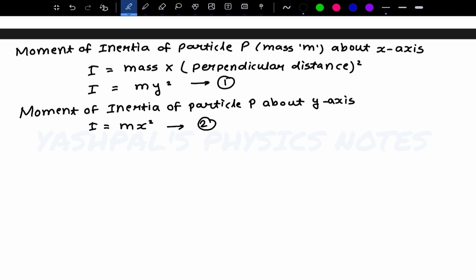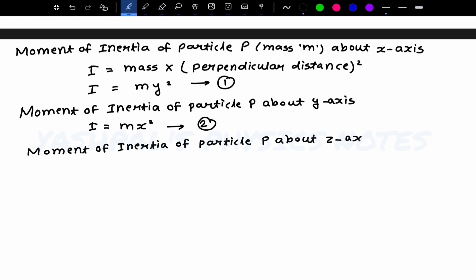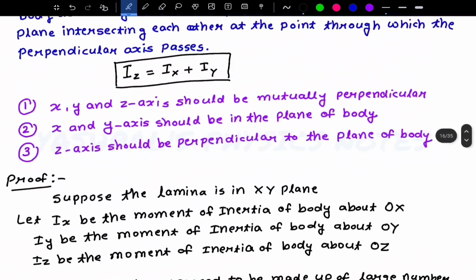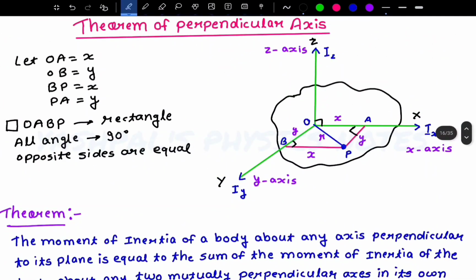Now here I am writing moment of inertia of particle P about z-axis, which will be I equals, so from the figure, see, this is the z-axis and the perpendicular distance is the distance OP, which will be perpendicular to this z-axis.